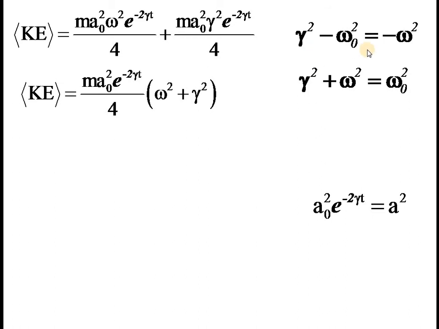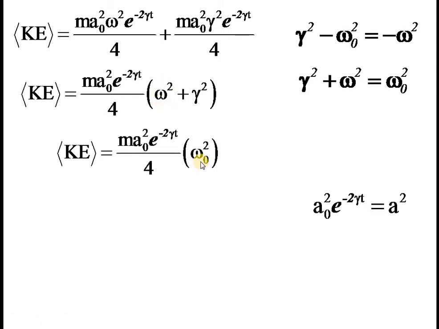We have this relation from the previous class, so that can be substituted here. So the average kinetic energy is now equal to m a0 square e raised to minus 2 gamma t by 4 into omega 0 square. Okay, so we got the expression for average kinetic energy.